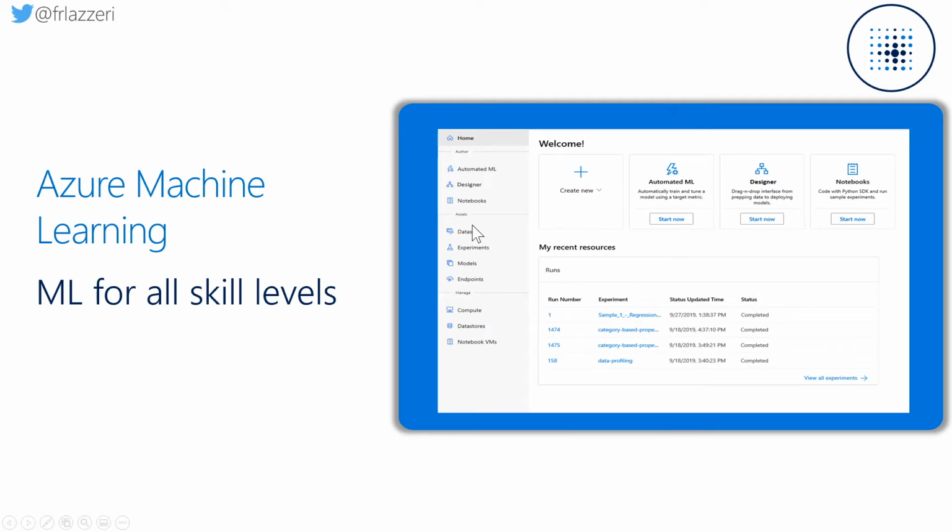And you can just go on the Azure Machine Learning Studio, and here you're going to see that you can click on Start Now for these three different options, and depending on which one you use, of course, you're going to have a different experience. But this is really up to you. The final goal will remain the same. That is about building a model and an end-to-end solution that is producing predictions that are helpful for you and for your business.